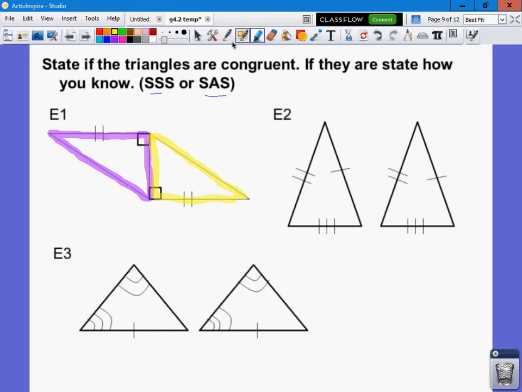If it has a shared side, obviously that side is congruent to itself. So if I look at it from the pink triangle, or if I look at it in the yellow triangle, now I have a side, an angle, and a side, and the angle is included. I have a side, an angle, and a side, and that angle is included. So I can state that these are congruent by side, angle, side.